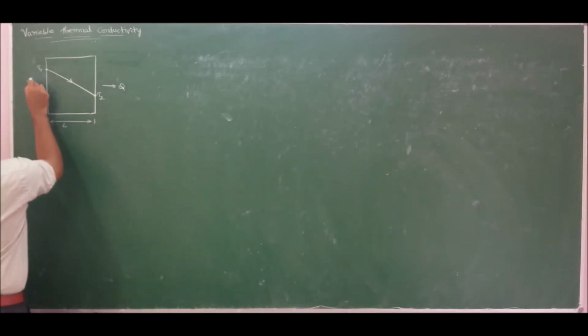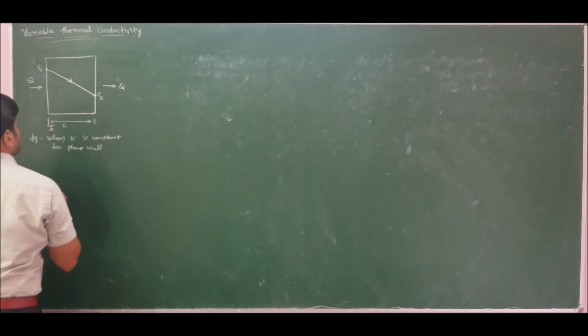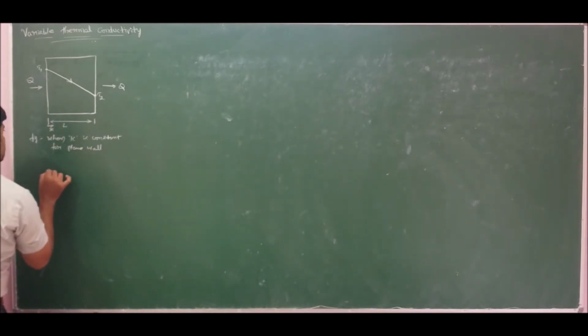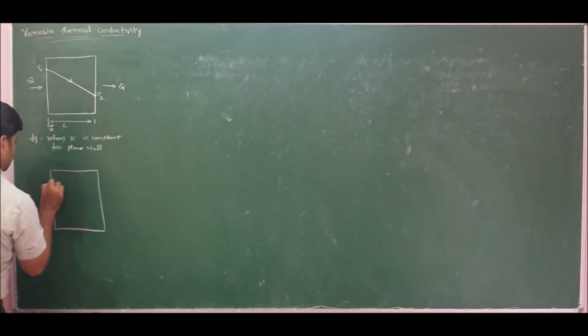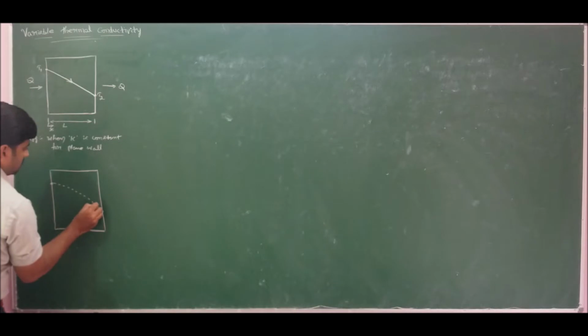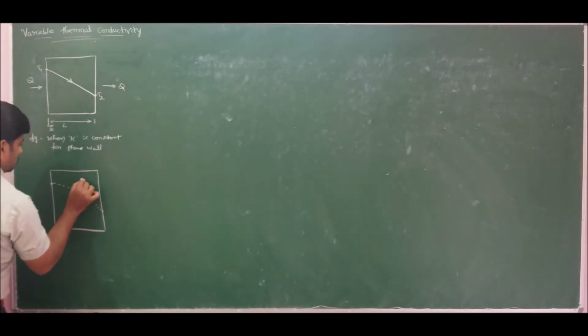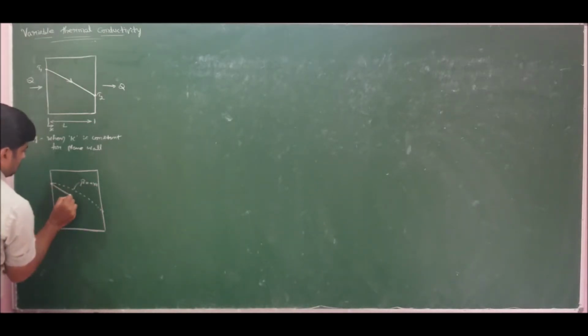Now, if thermal conductivity varies with temperature, then we have the variation of temperature over the length L. If the coefficient of thermal expansion is positive, then the temperature distribution will be like this.